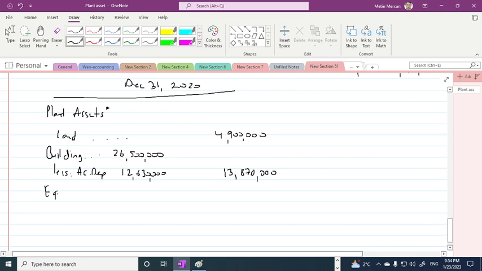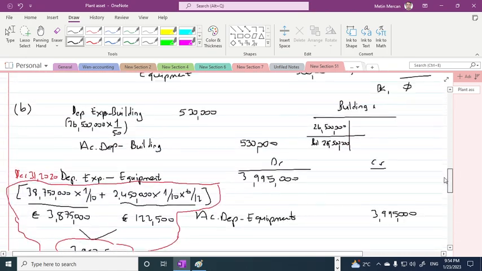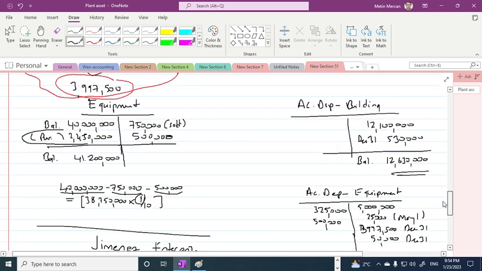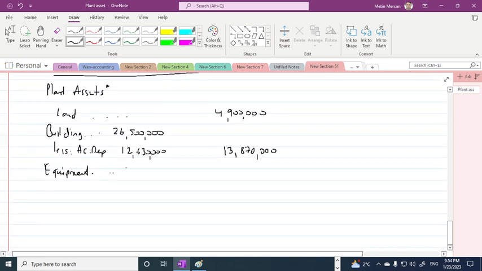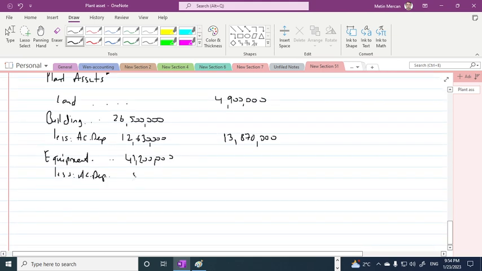And equipment, let's look at the equipment ledger account. Where is that? Equipment, yeah, here: 41,200,000, but less accumulated depreciation for the equipment of 8,247,500.